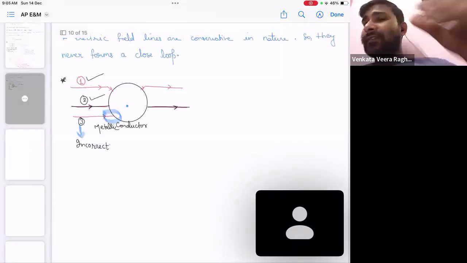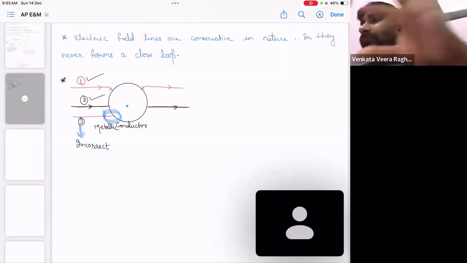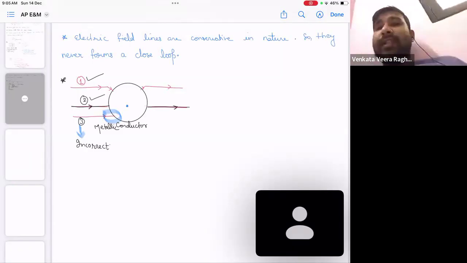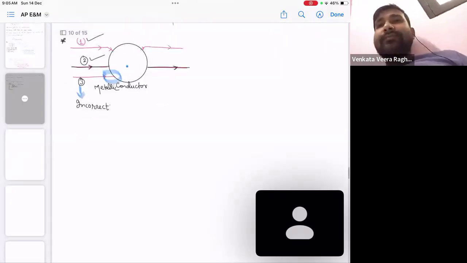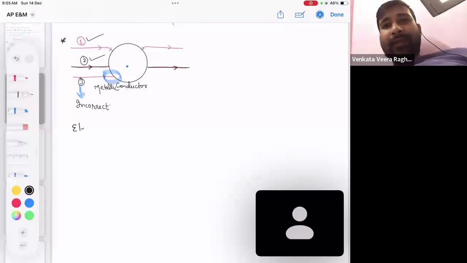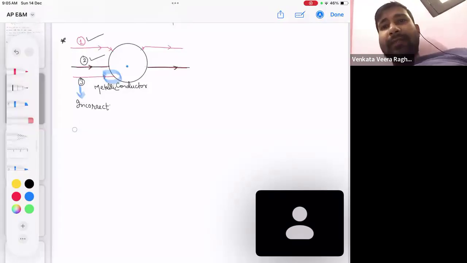Field line is passing through a certain area. Yes. It is the number of field lines passing through a cross section area, called the electric flux. Okay. Is that clear?